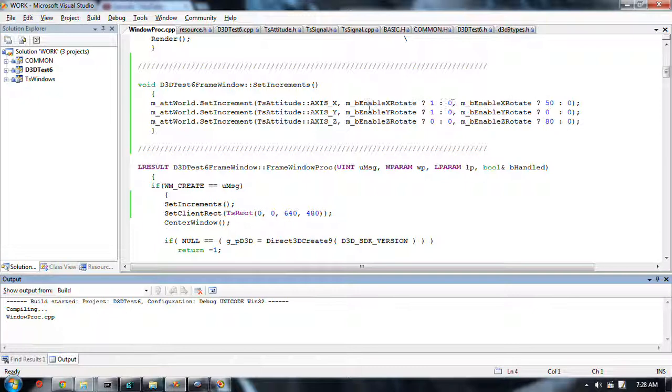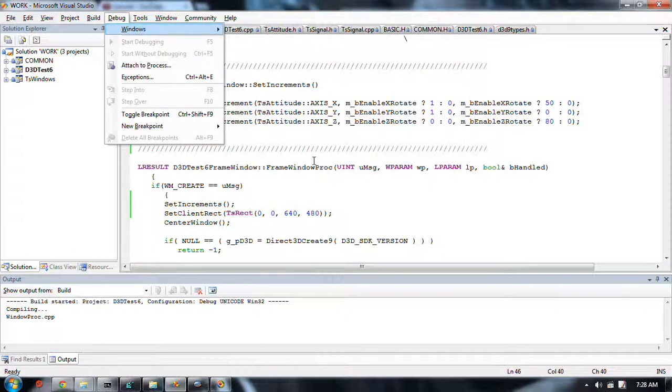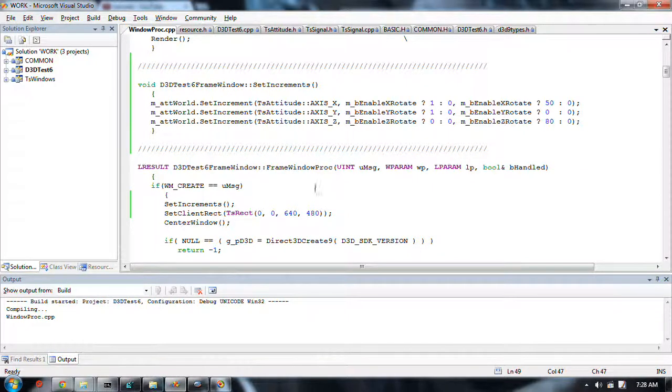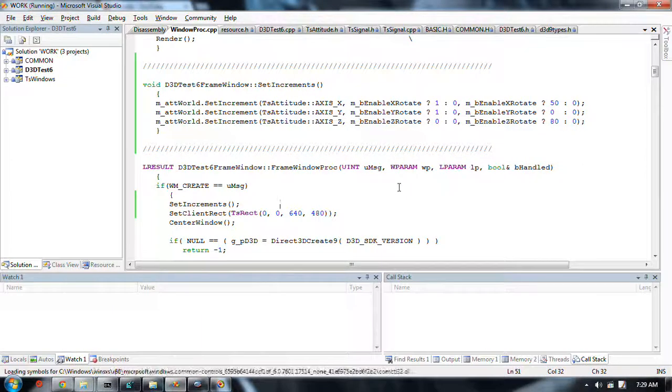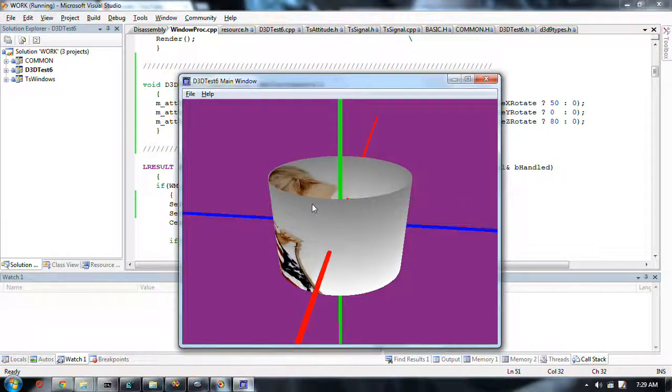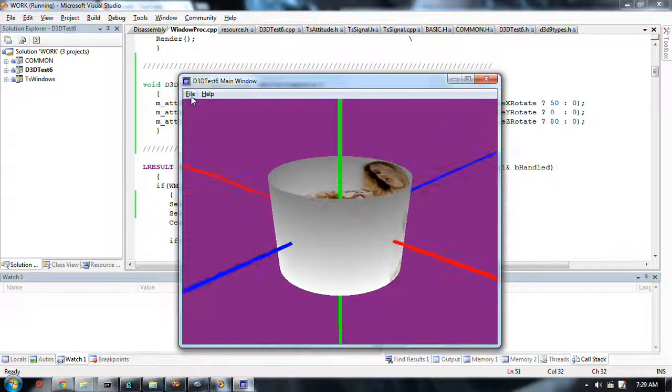So I can use floats too. I should probably use float doing radians. Then run. Oh, it's building. Okay, so now they have different rates.